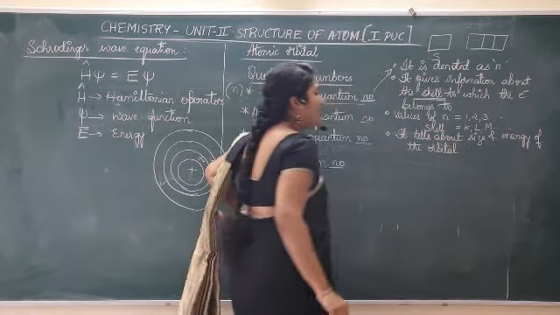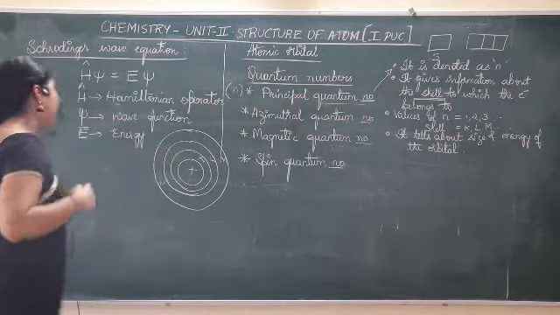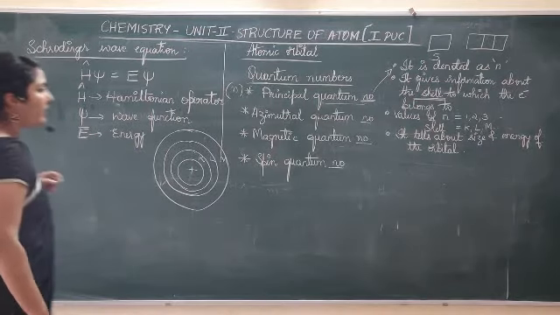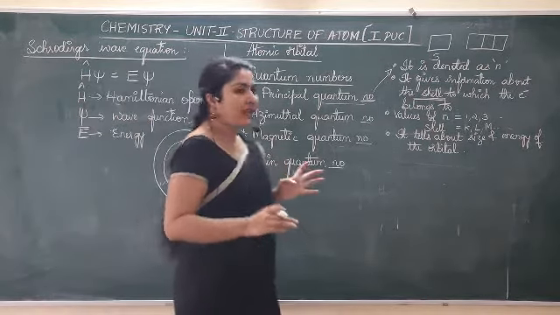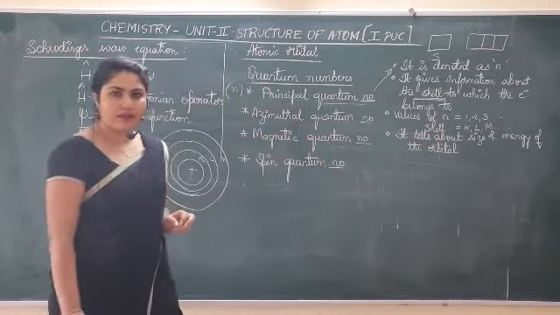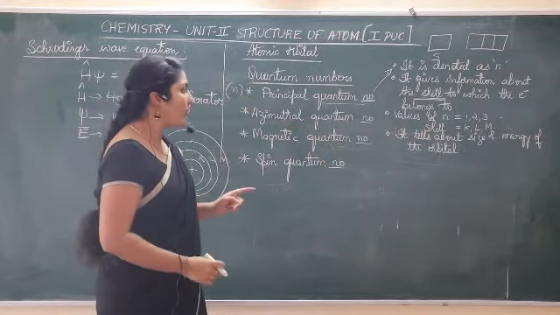That is, it tells about the size as well as energy also. So these are the main points that you will be mentioning under principal quantum number. Hope it's clear. No confusion there.